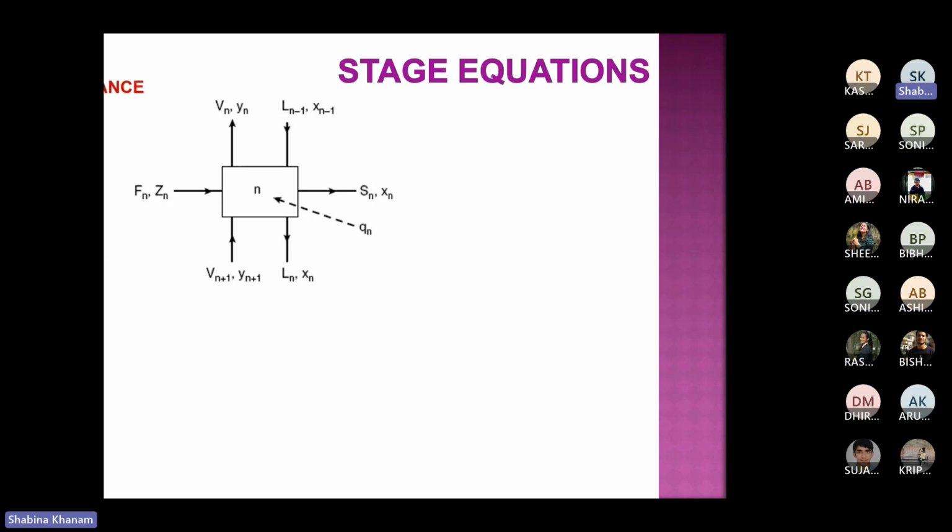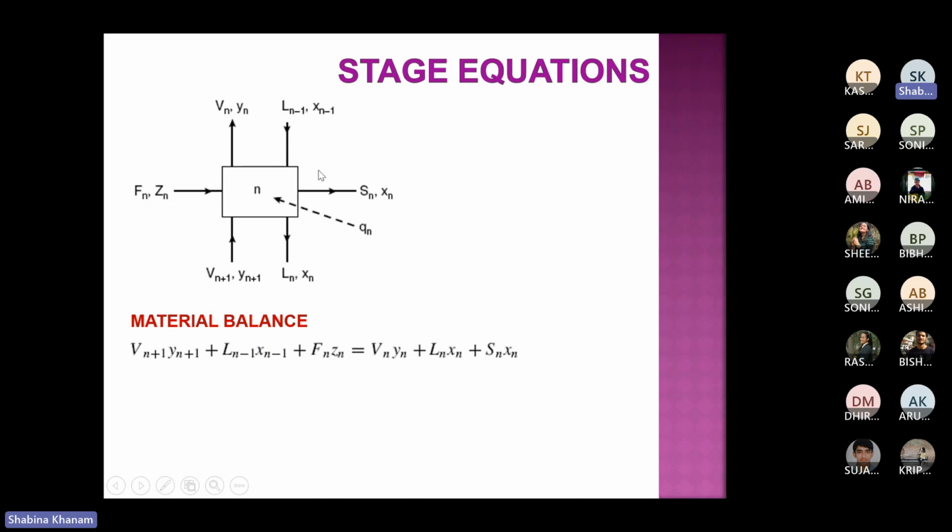Now we will make the material and energy balance. When I'm considering material and energy balance, we need to put an envelope. First of all you should create the envelope around where you need to make the balance, and then in that envelope consider whatever streams are entering or exiting.